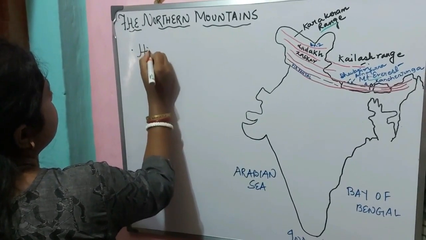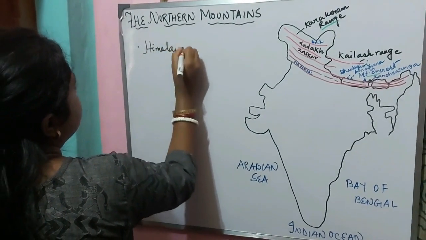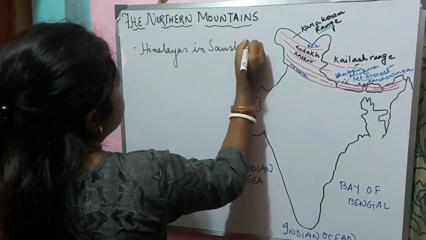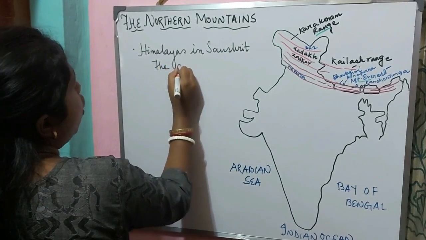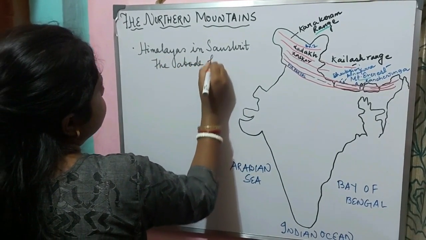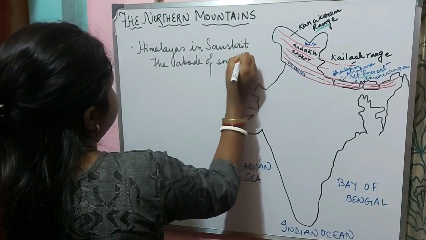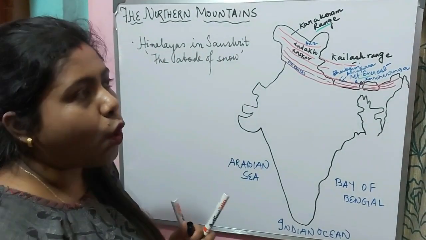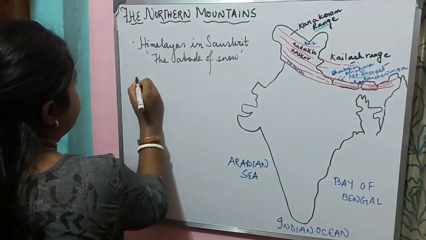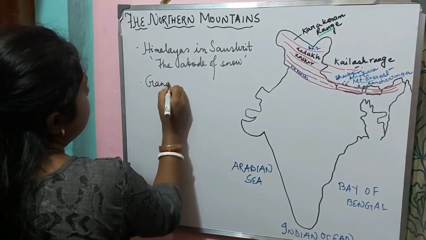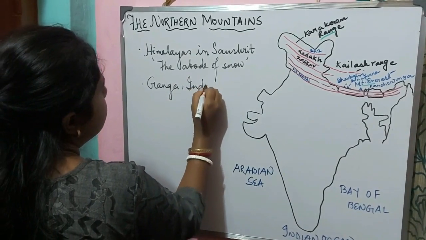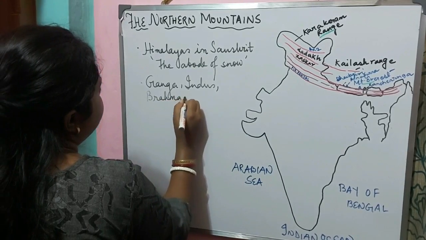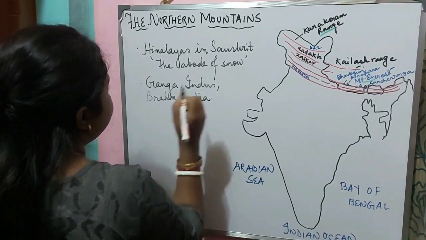Now, let us understand the meaning of Himalayas. Himalayas in Sanskrit means the abode of snow. Why? Because a large part of the Himalayas is covered with snow, and many rivers like Ganga, Indus, Brahmaputra rise from the Himalayas.